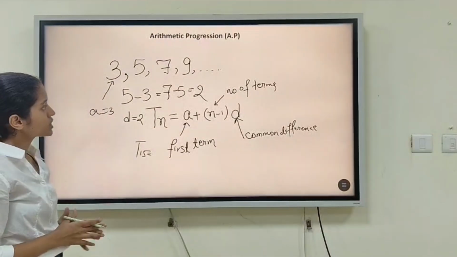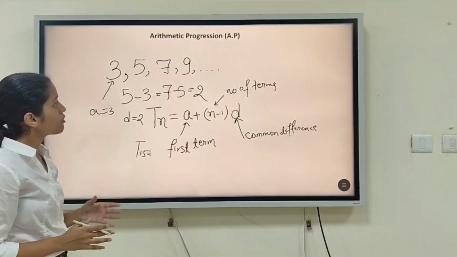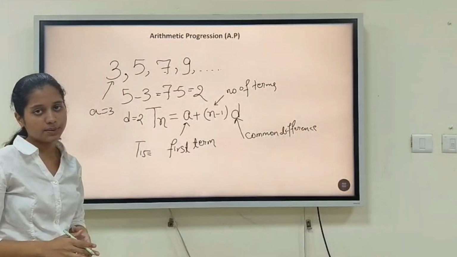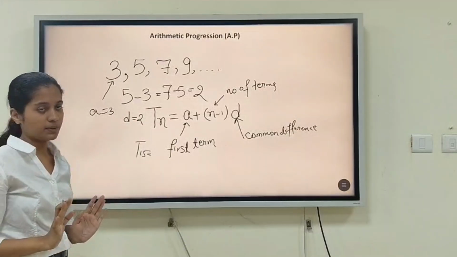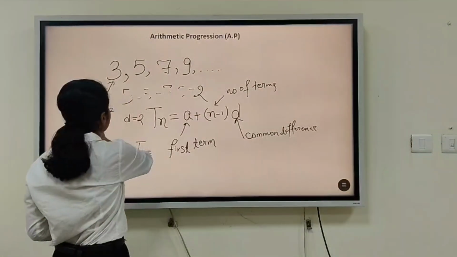Again, if I ask you what will be the sum of the first 50 terms of this AP, you can find it manually, but that would be difficult.